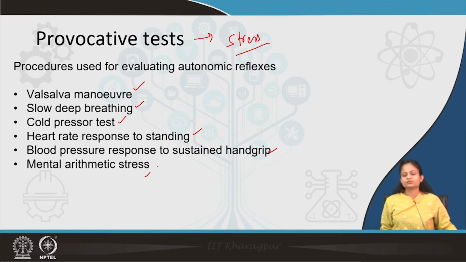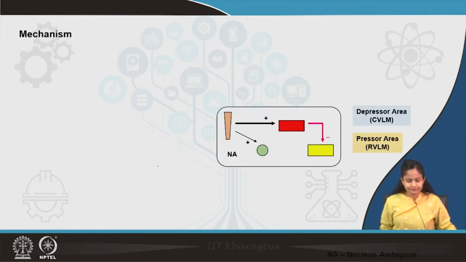So we need to run a battery of tests in a person, and the individual's reactivity to different tests is also different. So it is always better to perform 3 to 4 tests as a whole, and then conclude on the autonomic status, or the cardiac autonomic tone, in that person.